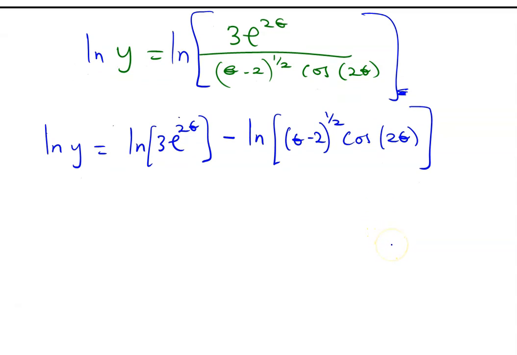Now you can also break this and this, that is the first term of the left hand side and the second term of the left hand side. You can break it down to their simplest form again.